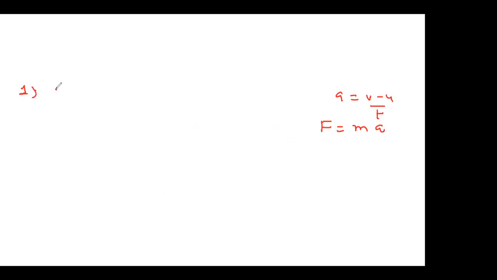See, a body of mass 5 kg is moving with a velocity of 2 meter per second. Moving with velocity means no change, constantly it is moving. So find what is the linear momentum.